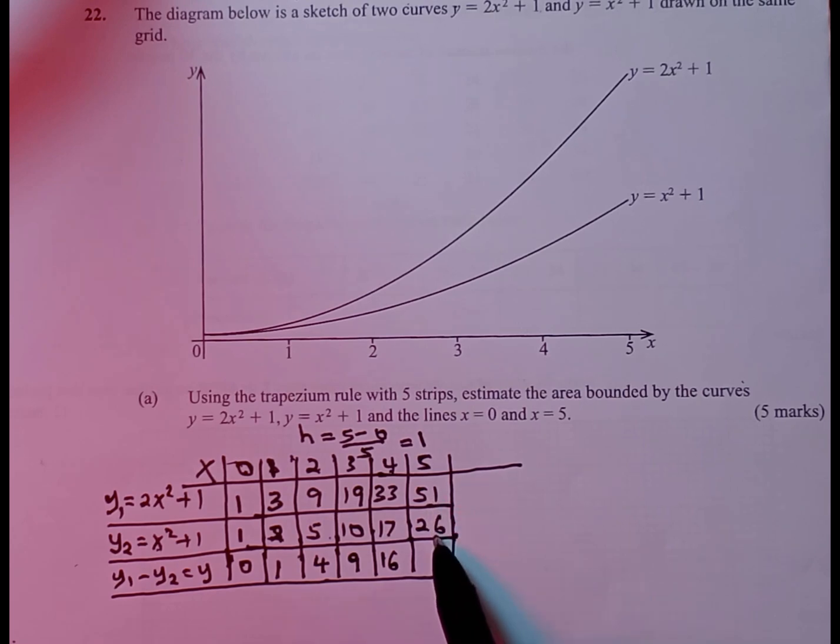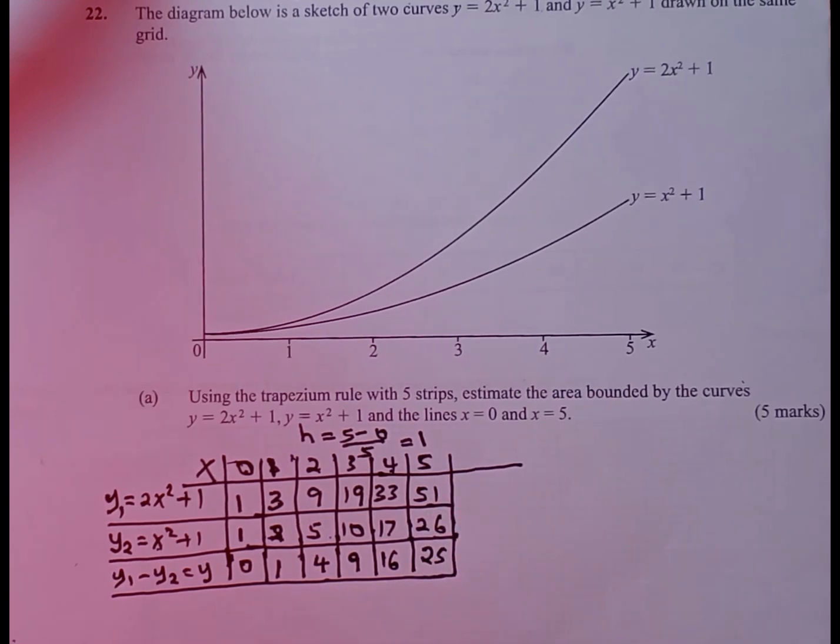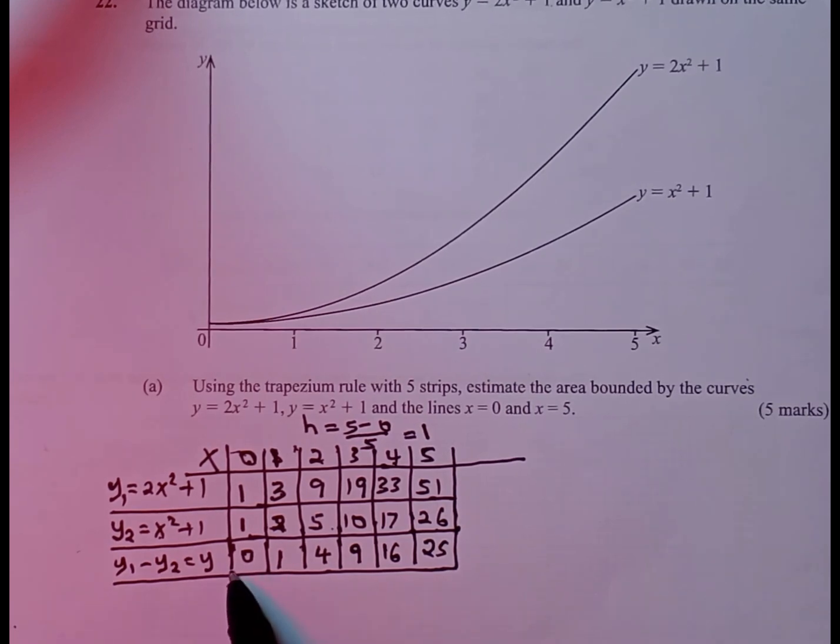And lastly, 51 minus 26, you get 25. Having done that, now we label the strips. The first one we call y0, then y1, y2, y3, y4, and lastly we have y5.